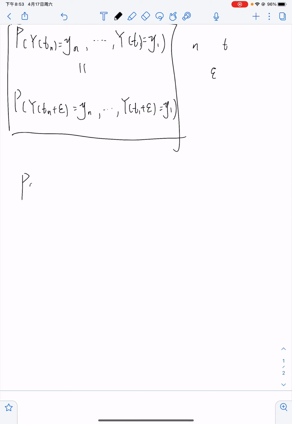We know the probability Y(t_n) equals 1 when Y(t_{n-1}) equals 1.